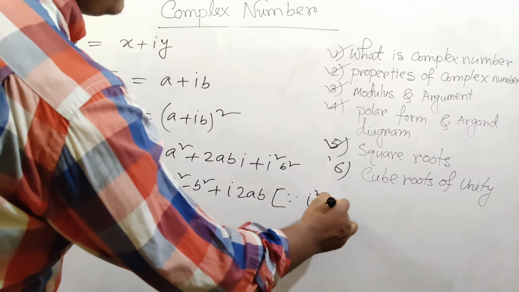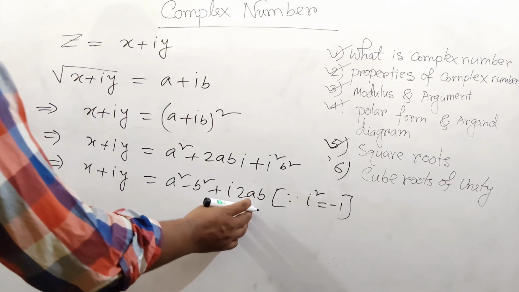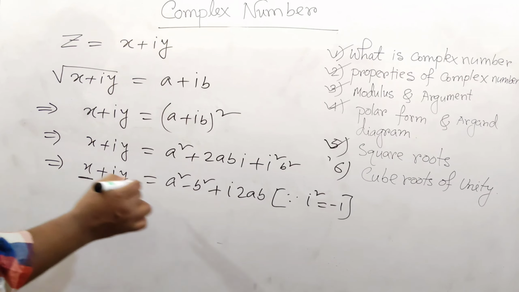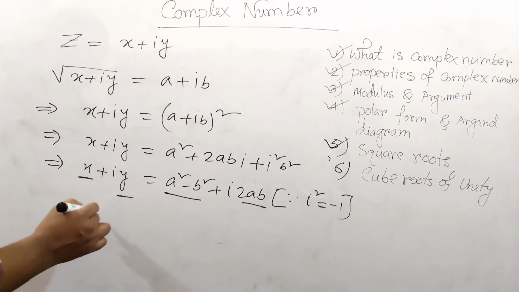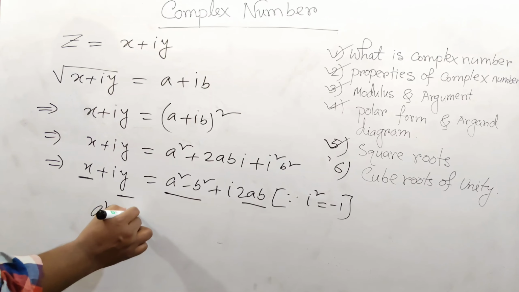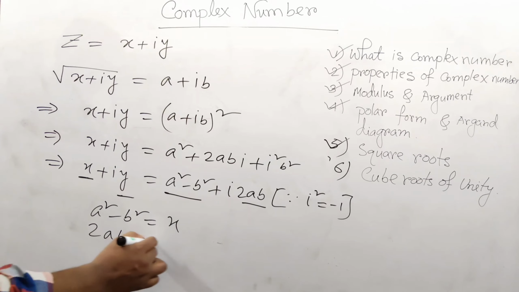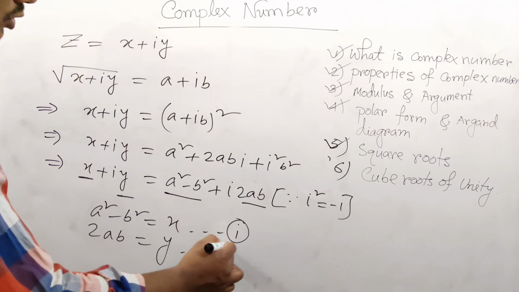Now if we equate the coefficients of this equation, x equals a square minus b square, y equals 2ab. So you can write a square negative b square equals x and 2ab equals y. This is equation 1, this is equation 2.